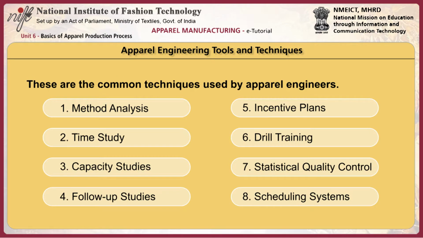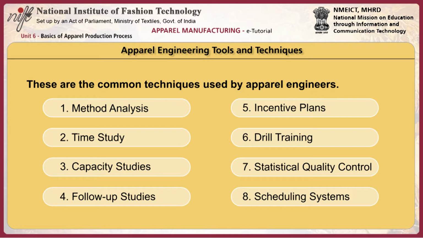Probably the two most common tools used by apparel engineers are a stopwatch and a calculator. There are a number of fairly common techniques used by apparel engineers that we would like to cover briefly. Some of these are important enough to deserve separate modules. For now, it is ideal that you are exposed to the following techniques.